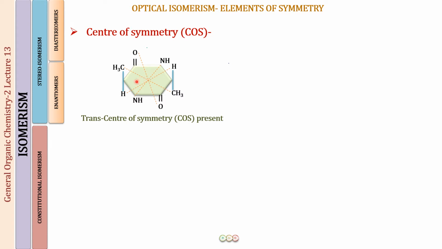This is a trans compound because on one side I have a CH3 above and on the other side we have a CH3 below. Fine. And if you look at the cis compound, in the cis compound you can see that both CH3 are below the plane of the ring, and the two hydrogens are above the plane of the ring. So now if this is going to be the post of the bed, I will be passing through the center, going down, and I will be encountering at the foot a CH3.